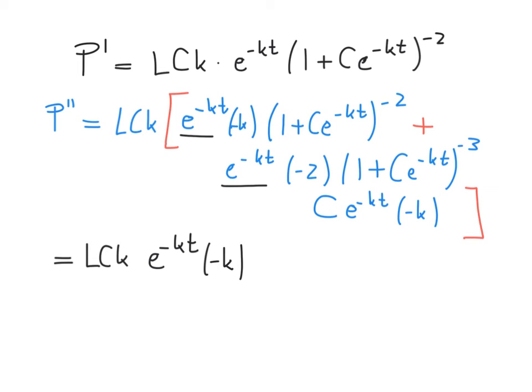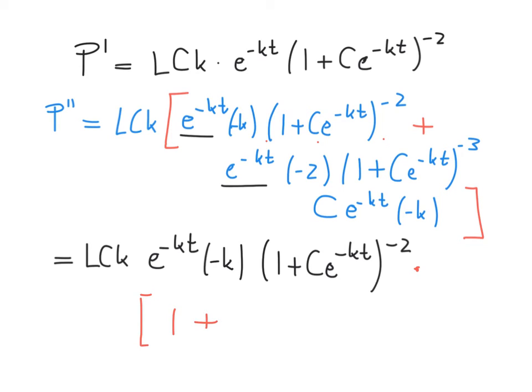So we'd have 1 plus c e to the minus kt to the minus 2. And now we'd be left with, so times, here we see we actually brought everything out from the first term here, so we just have 1.